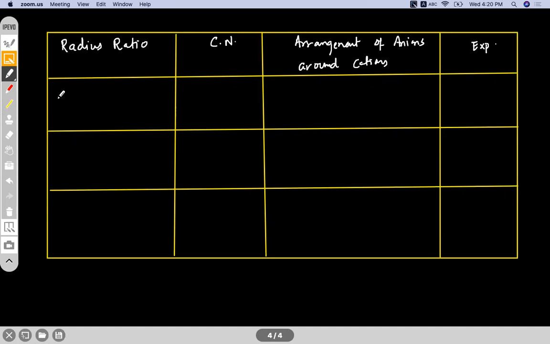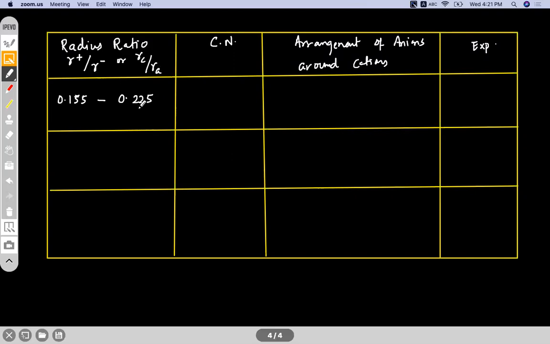The radius ratio is 0.155 to 0.225. Radius ratio means radius of cation divided by the radius of anion, which we can also write as RC by RA, C stands for cation, A stands for anion.